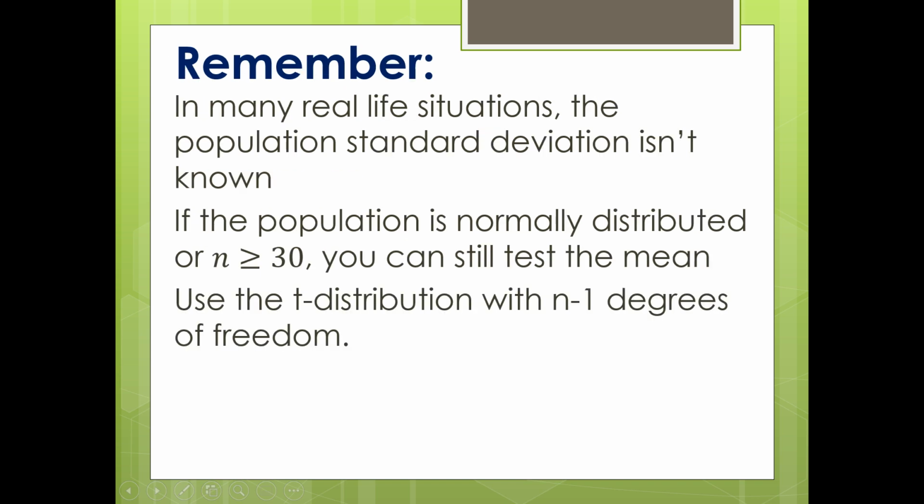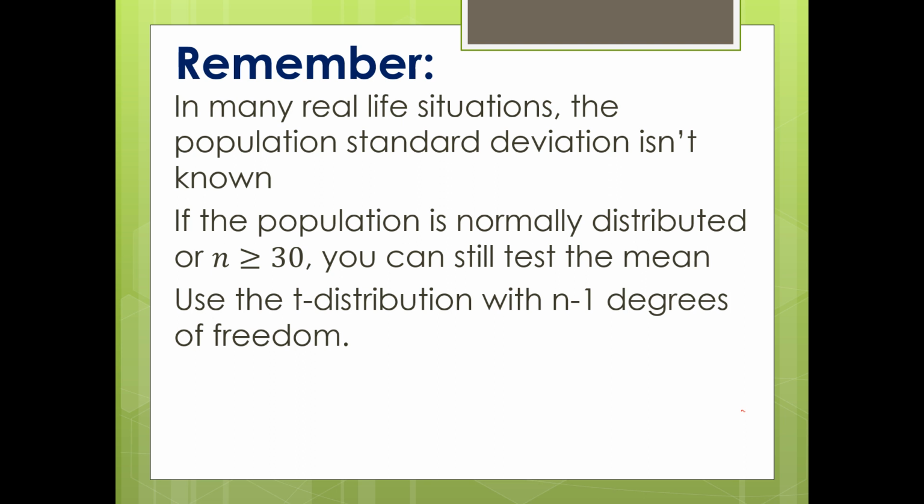Okay. So like we've talked about in other sections in chapter 6, a lot of times you're not going to know a population standard deviation or a sigma. So in those situations, you're going to need to use t instead of z. Again, we still have to have a normally distributed population or an n that is greater than or equal to 30.